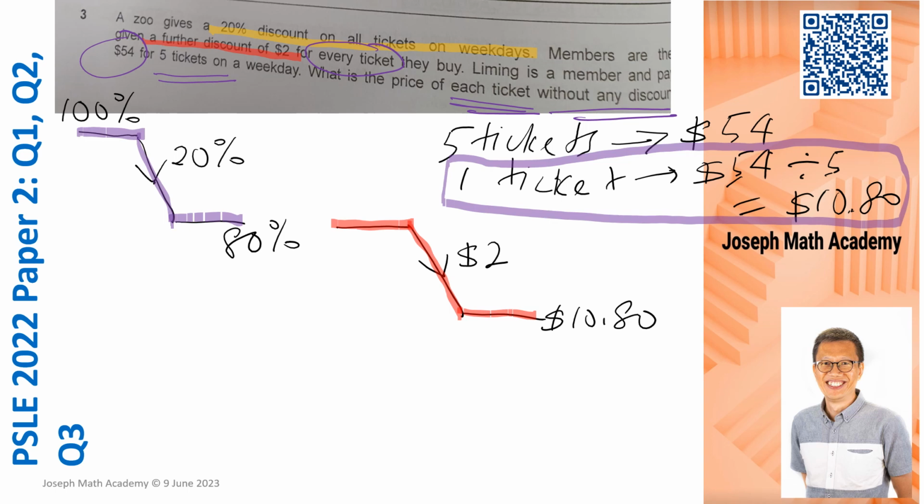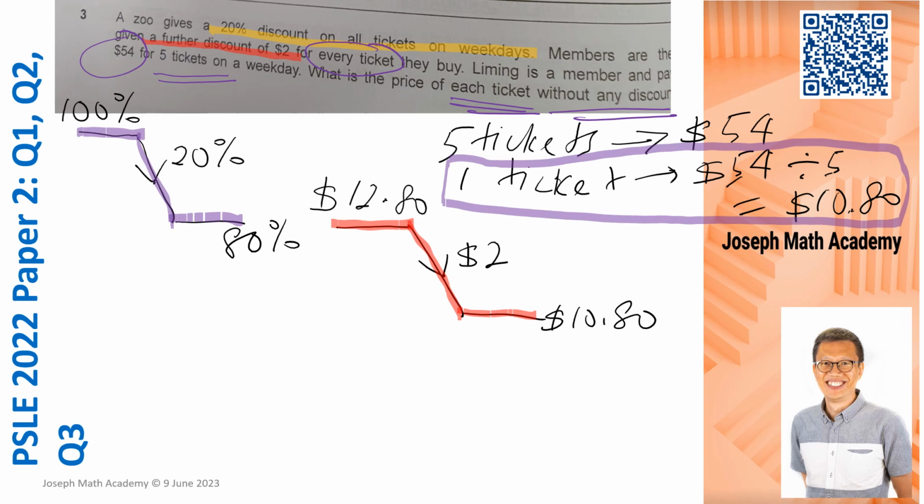Now, if Li Ming paid $10.80 for one ticket upon producing the membership card, that means he's entitled to $2 of a further discount. That means without the membership card, Li Ming must pay $12.80.